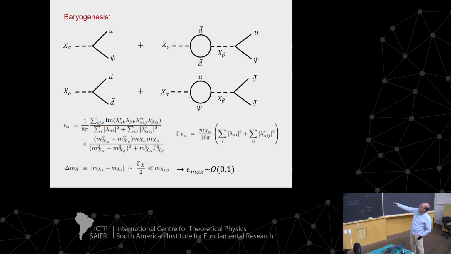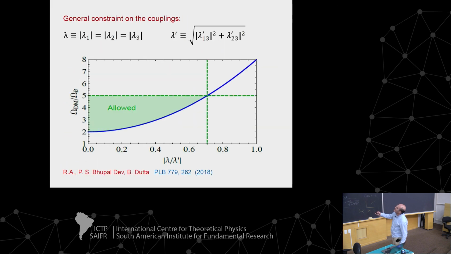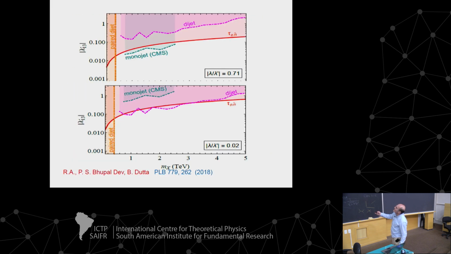We can get an asymmetry up to order 0.1 if we go into the resonant baryogenesis limit, which you actually need in this case to get the correct baryon asymmetry. With resonant baryogenesis we can go up to maybe 0.1 or so.